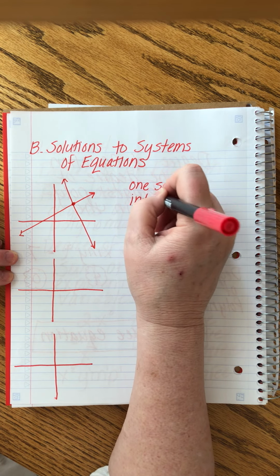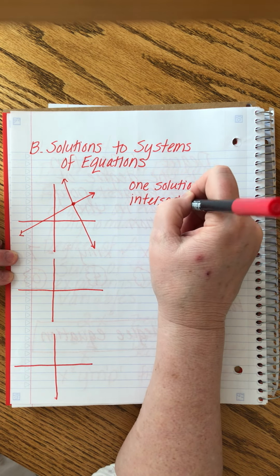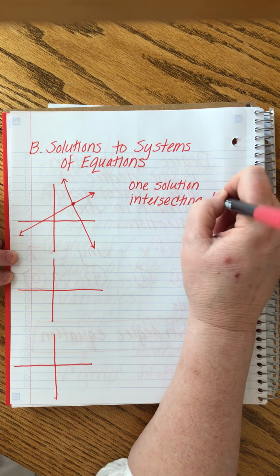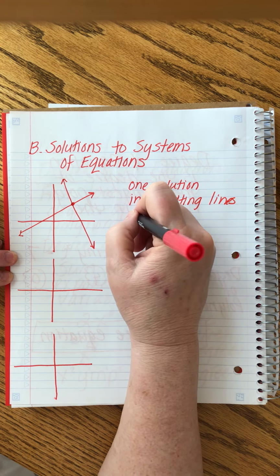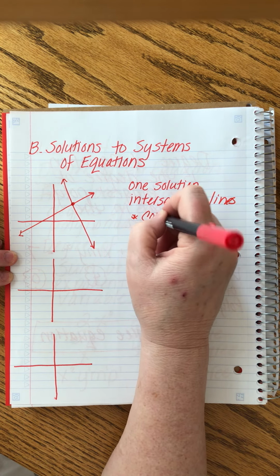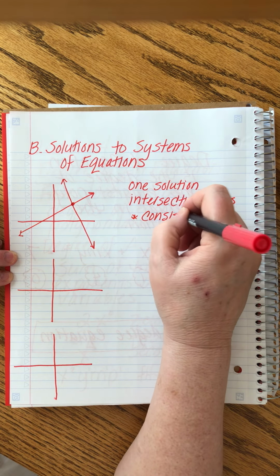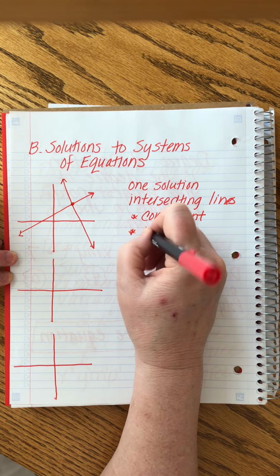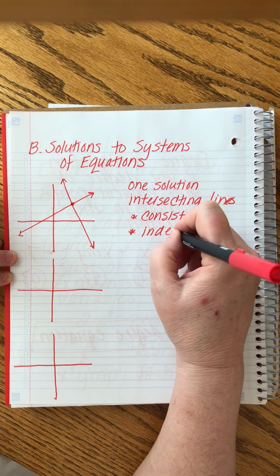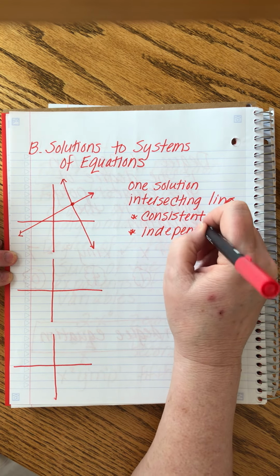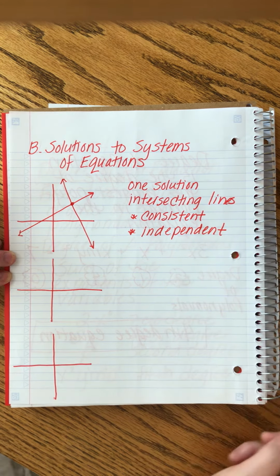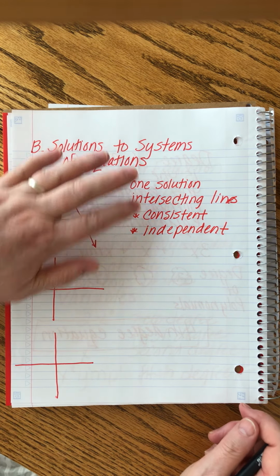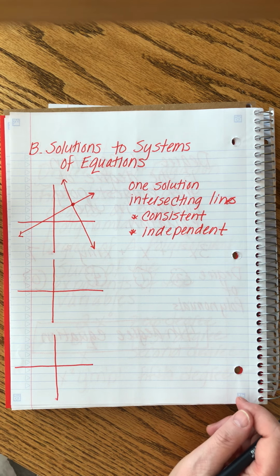We see intersecting lines, and there's a fancy name for this. We call it a consistent set of equations, and we also say that it's independent. These words will make more sense when we look at the other ones. Okay, so these are the features of our picture, and these are the fancy names we can give it.